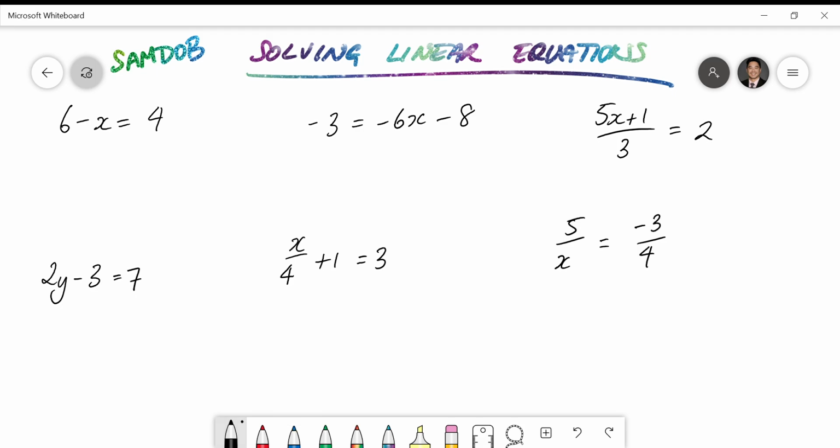So let's start off with the first one, 6 minus x equals 4. If I asked you what is the value of x, for something as simple as this, you would know that the missing number is 2, because 6 minus 2 equals 4, and that holds true.